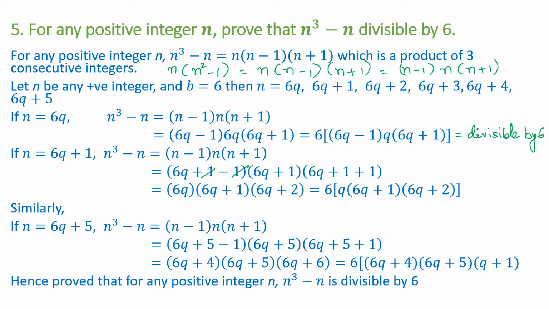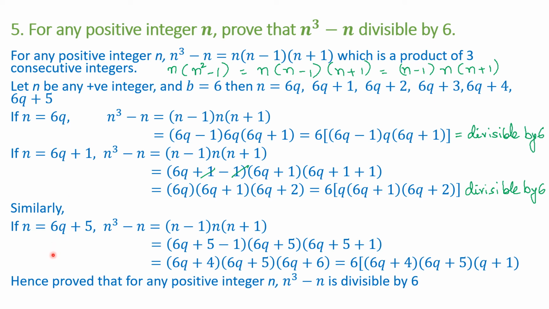Here it is 6q plus 1, and this bracket will become 6q plus 2. Again, if I take out the factor 6 common from here, inside the bracket I am left with q into (6q plus 1) into (6q plus 2), which is again divisible by 6. Similarly, I can prove for 6q plus 2, 3 and 4 also.